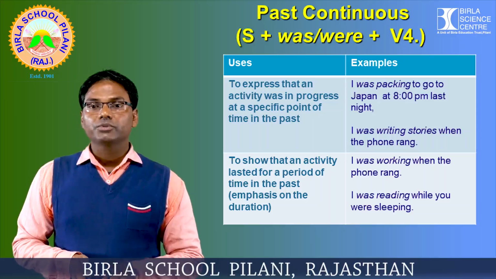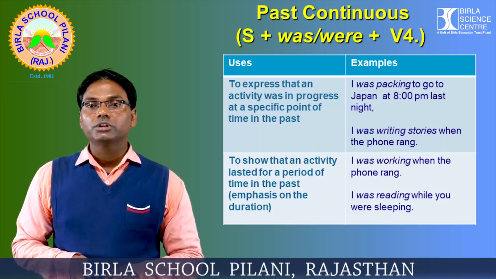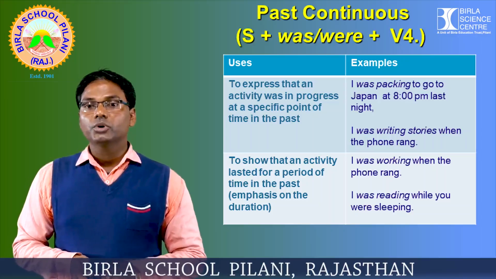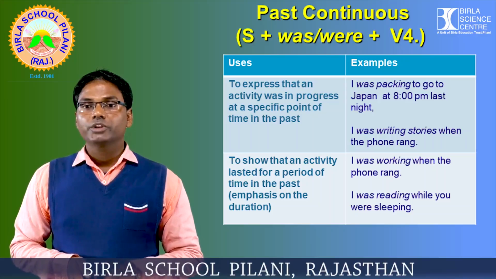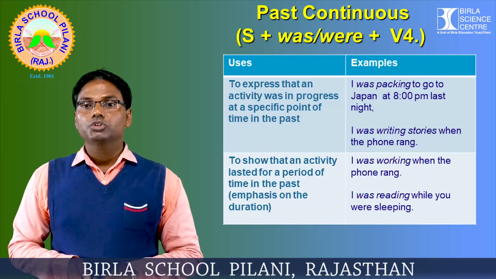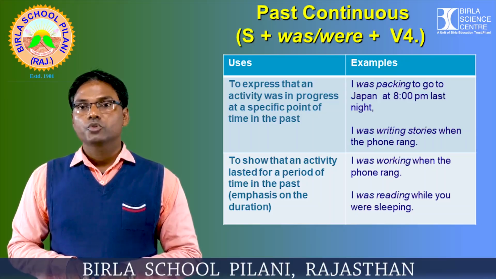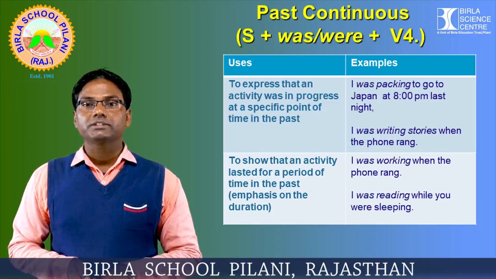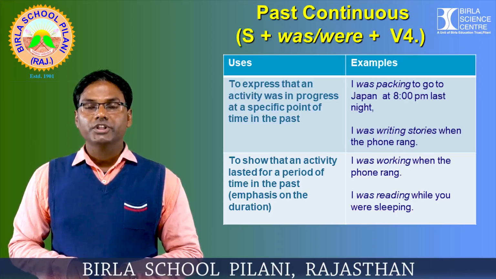So the activity was going on and then the phone rang. The next example you can say, I was reading while you were sleeping. So likewise, you can use past continuous tense to indicate all those works which continued in the past for a progressive time, and I hope you understood the uses of past tenses.